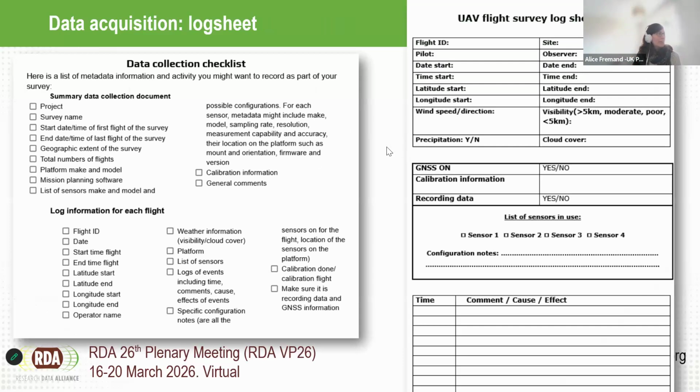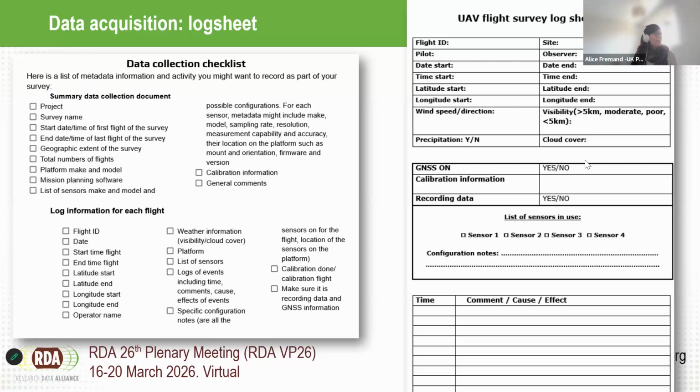But the data collection checklist is a way for you to go on the field to have these sheets and to just tick as part of your survey that you have everything as you had planned for. So you have all your summary data collection documents. So this is for going on the field, and then you have all the information regarding each flight.